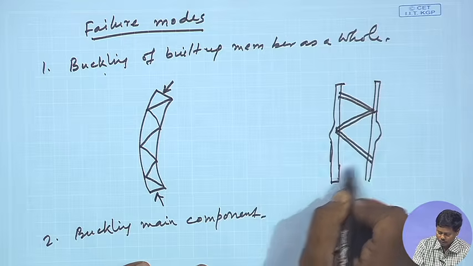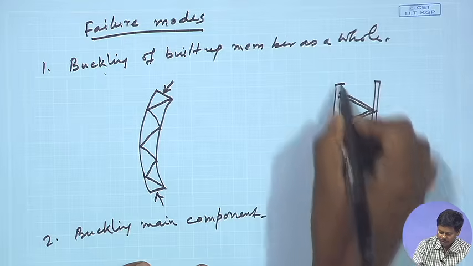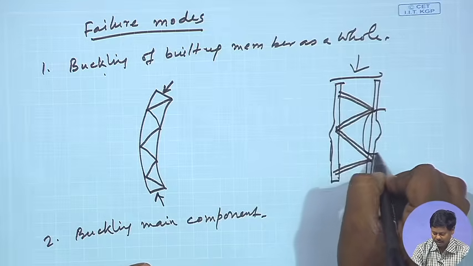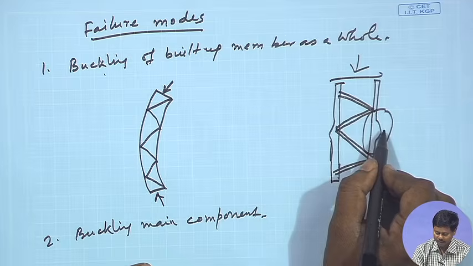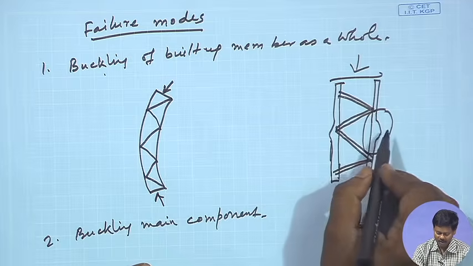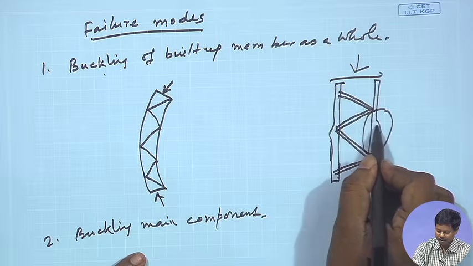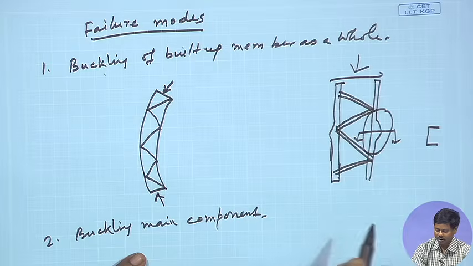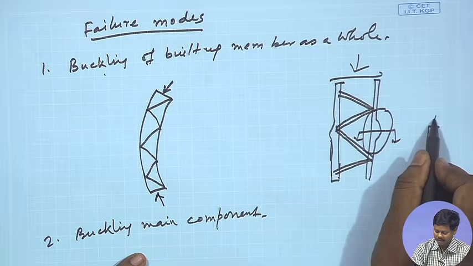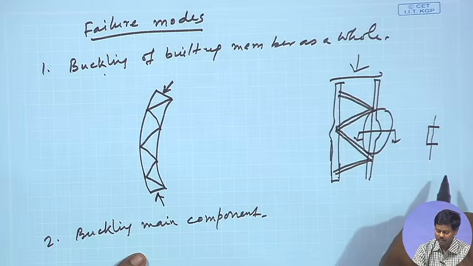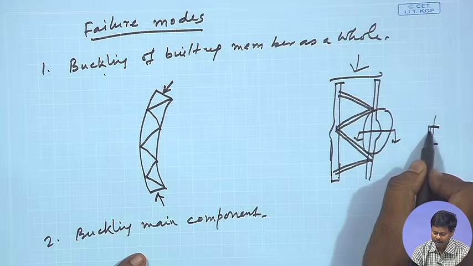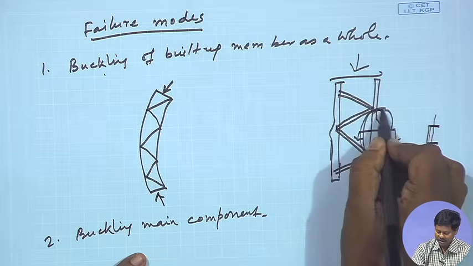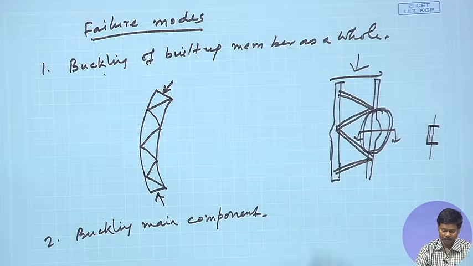If the member is not able to carry the loading coming on it due to excessive buckling, then it may fail. If we see the cross section of the main component, say if we use a channel section, the minimum radius of gyration will be about y. So, the failure may happen about this section. As a local failure, this can arise: buckling of the main component.